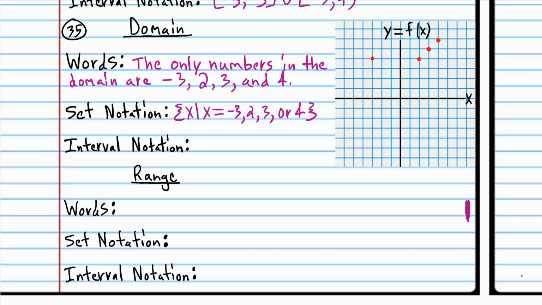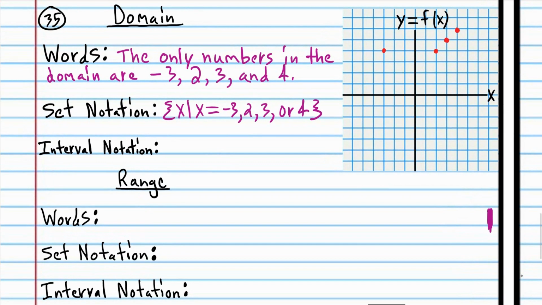Now in interval notation, again, it's not appropriate to use interval notation, but if you had to, we would say -3, comma -3 with brackets, union, 2, comma 2 with brackets, union, 3, comma 3, and you get the idea.